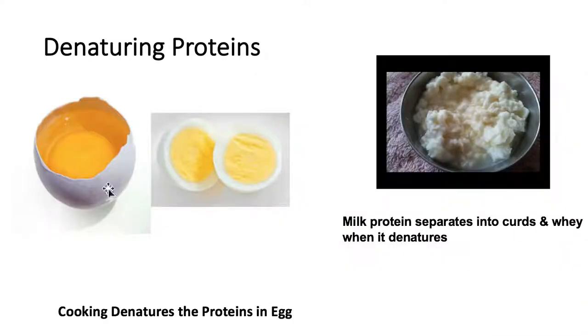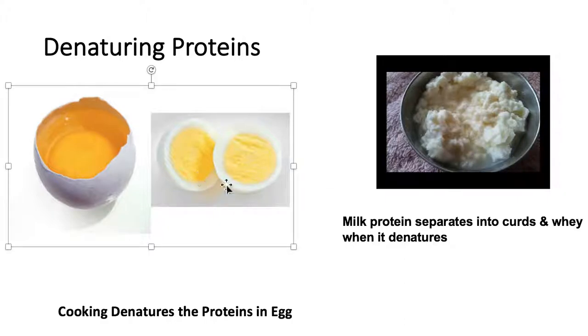Remember, the proteins changing shape in the egg causes it to go from an egg that's runny to a hard-boiled egg. That's the denaturing of proteins. All right, and it happens also when we're forming basically curdled milk. All right, so I'm going to show you what happens when the temperature and the pH of an enzyme catalyzed reaction changes in this little video.